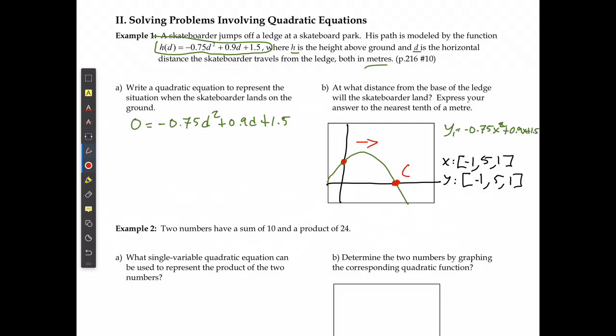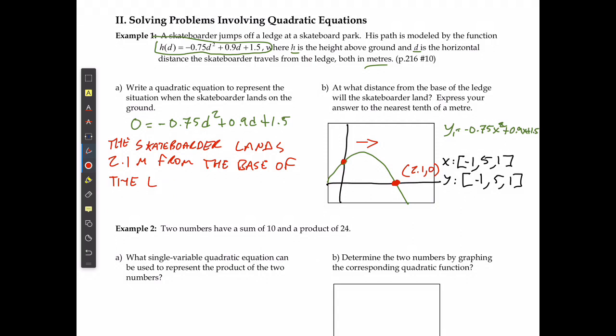When I solve for my 0, that's at the point of 2.1 and 0, which means that I can state the skateboarder lands 2.1 meters from the base of the ledge.